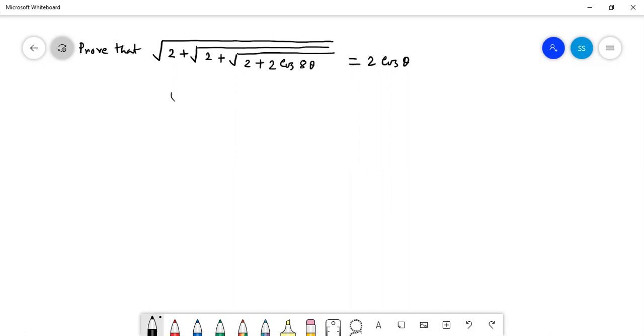Yes. We have to prove this: root 2 plus root 2 plus root 2 plus 2 cos 8 theta is equal to 2 cos theta.